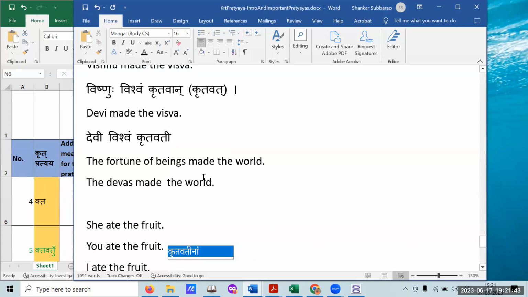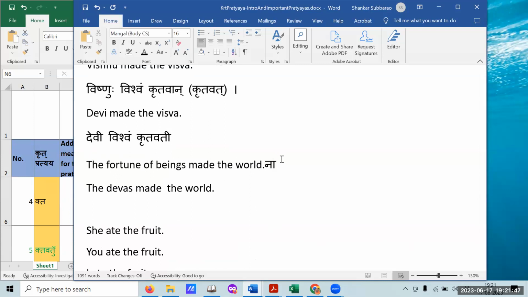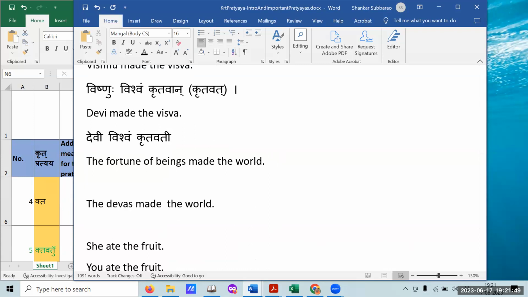Now, the fortune of beings made the world. Fortune is Bhagya, which is neuter. So, what will you do with this? Raise your hand, whoever wants to answer.